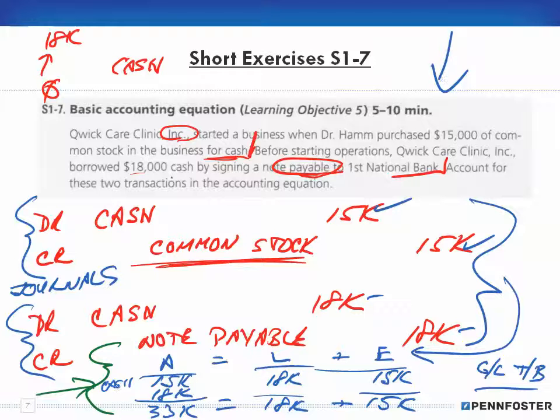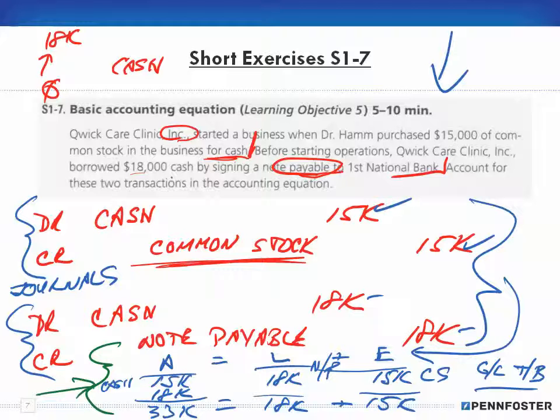As you can see by the solution, I believe it said investment and borrowing, where I actually put cash, and then this should have been note payable, and I would have written common stock here. Basically the same information is there. It just looks slightly different. So as long as you understand the concepts, you can decipher the information.